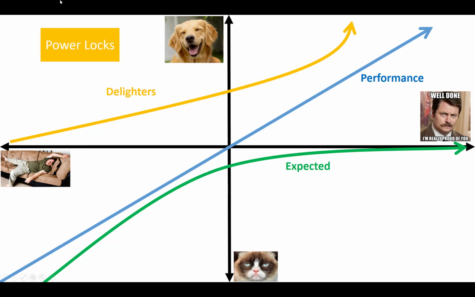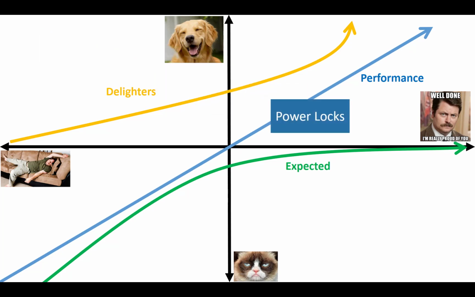Then we need to understand that over time, these evolve. Power locks used to be delighters. Many years ago, this was not a standard option on a car. This was very exciting. Then it transitioned to become a performance factor. You wanted power locks in all four doors or more if you have more doors.